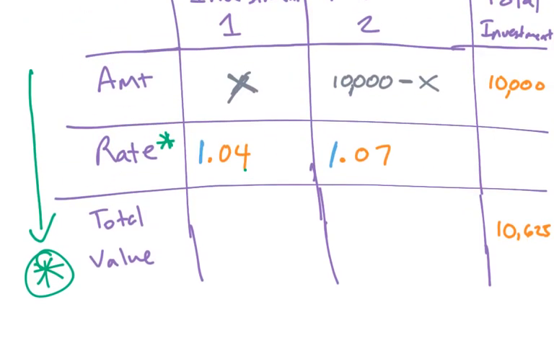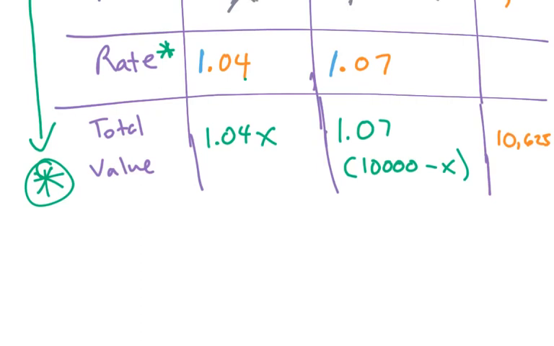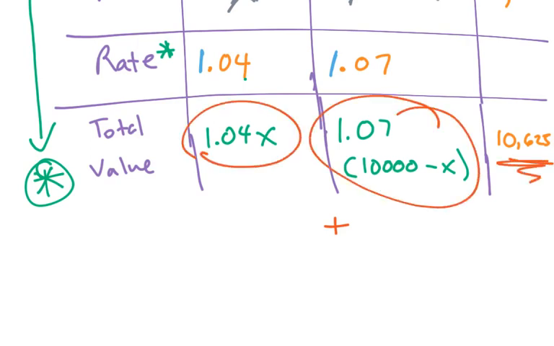Now what can I do here? Well, I said you multiply going down, so this is just 1.04x, and this one here is 1.07 times 10,000 minus x. And what can I do with this? Well, we know that going across we add, so this plus this will equal that value.